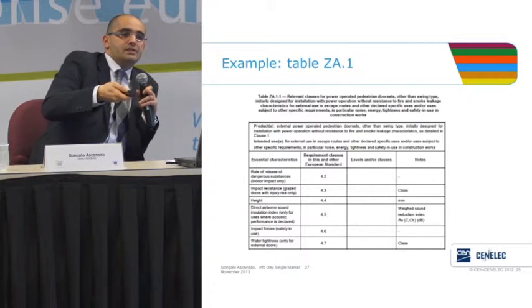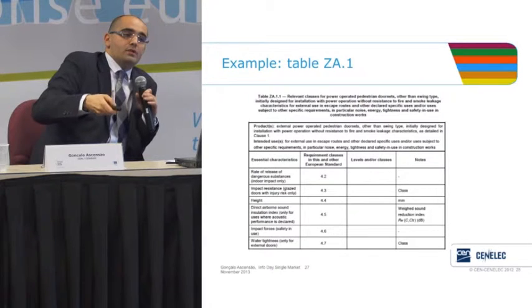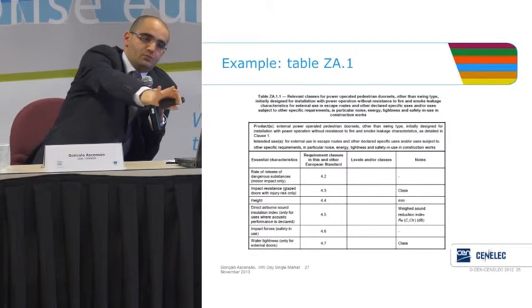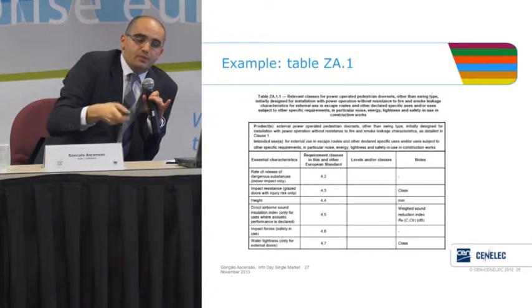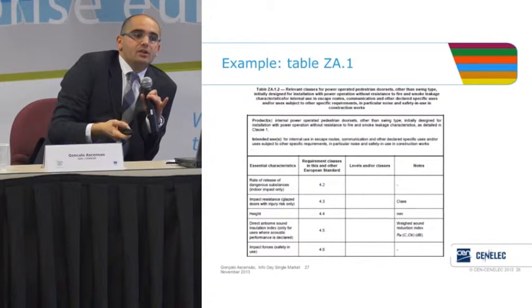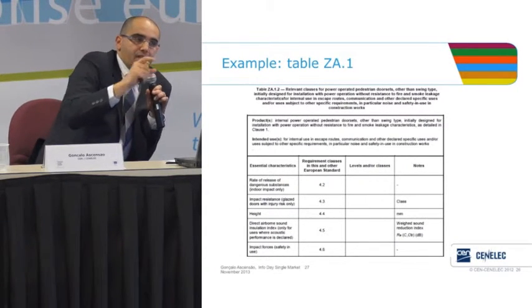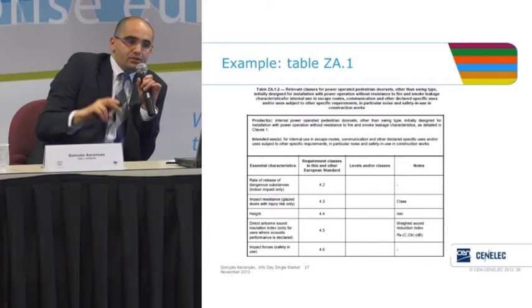So you can see here table ZA1, because this product is covering intended use that is for external use in escape routes, and the second table is for internal use in escape routes. So the characteristics relevant for internal and the external use are different.